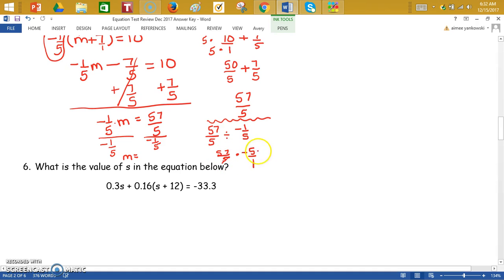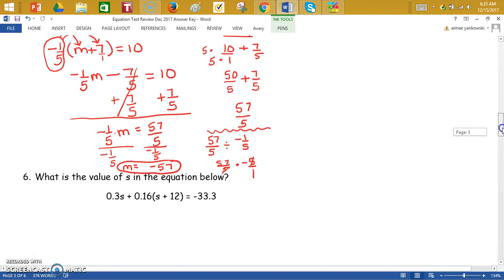Those 5s divide out to a fancy form of 1. 57 times a negative 1 is a negative 57. At this point, because there were common denominators, you could have divided straight across the top, straight across the bottom. 57 divided by negative 1 is negative 57. 5 divided by 5 is 1. Negative 57/1 is negative 57. So that's how I go about the equation.